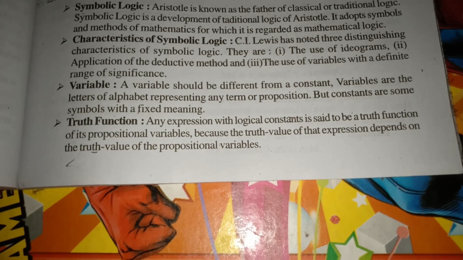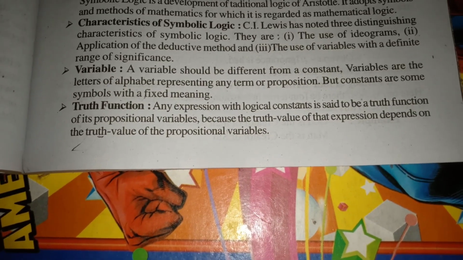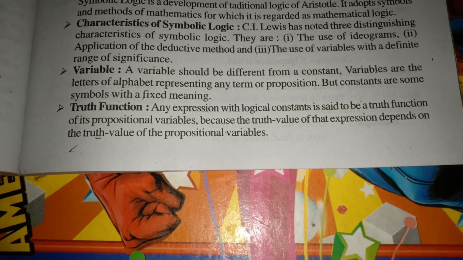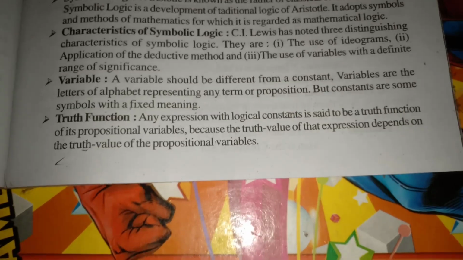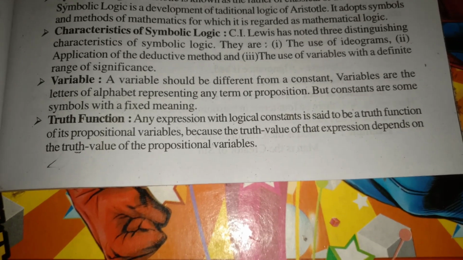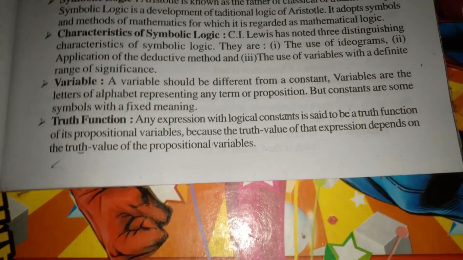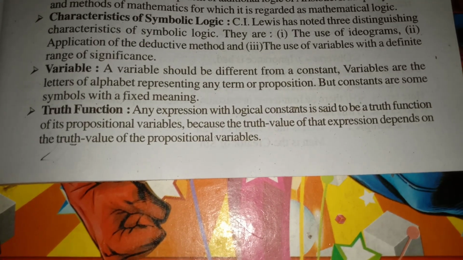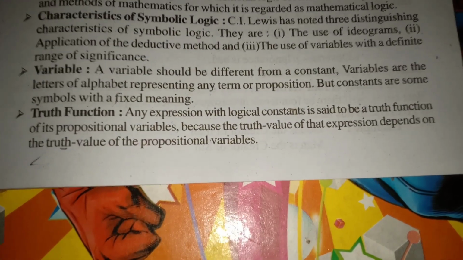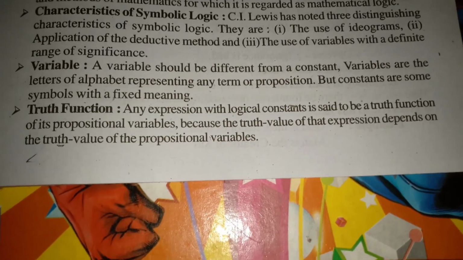Because the truth value of that expression depends on the truth value of the propositional variables, and variables stand for the propositions, the truth value of the variables causes the truth value of that expression. The expression with a logical constant is said to be a truth function.